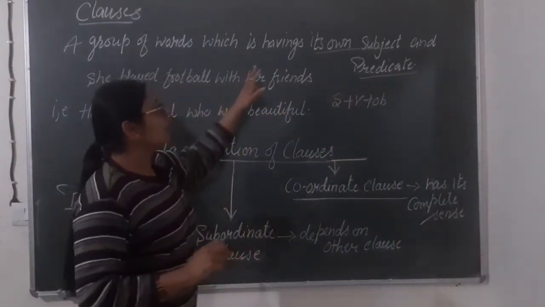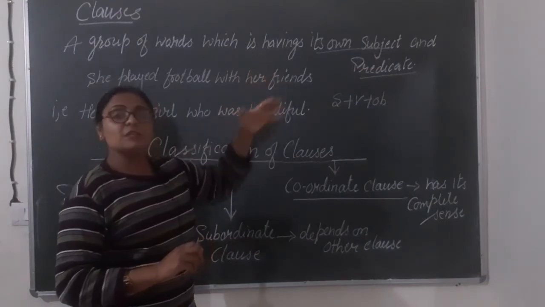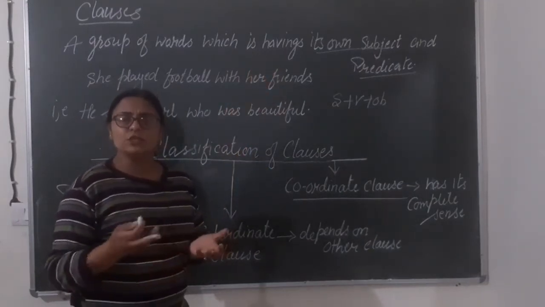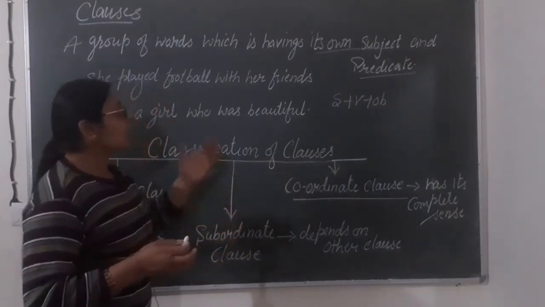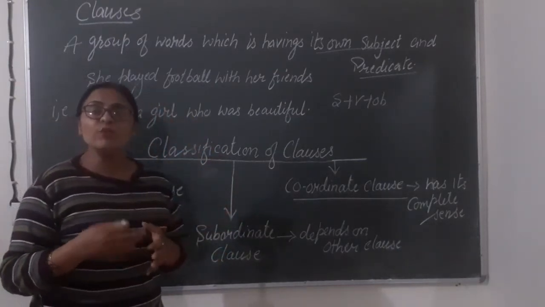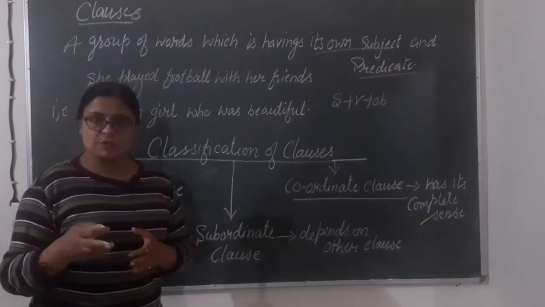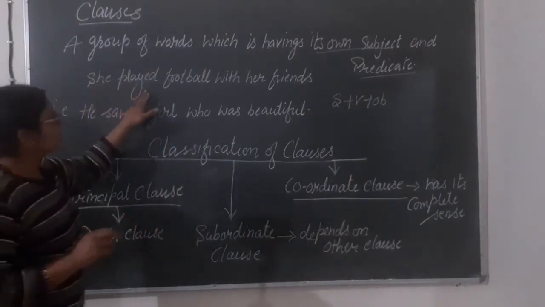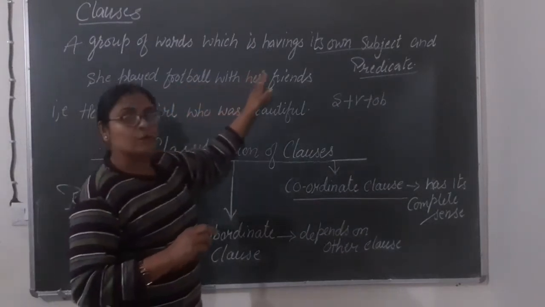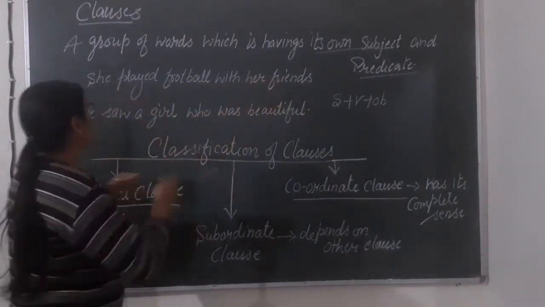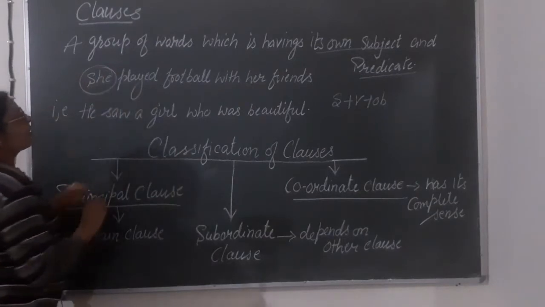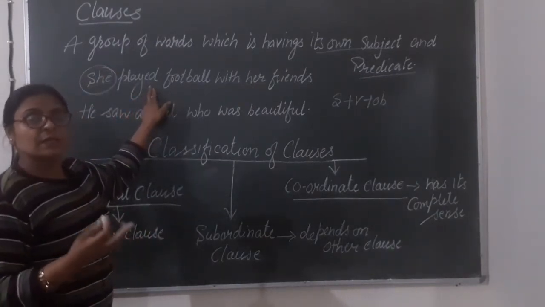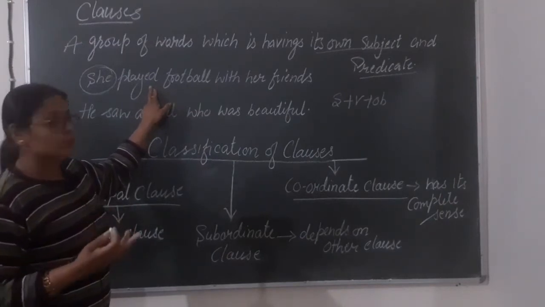But when we are talking about subject and its predicate, a subject can be any pronoun like he, she, it, and predicate means that which gives more information about that subject. For example, she played football with her friends. In this sentence she is our subject, and the predicate can be a verb and sometimes its object also.